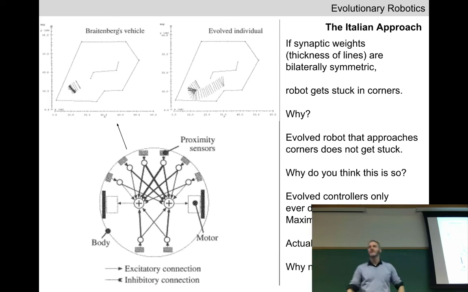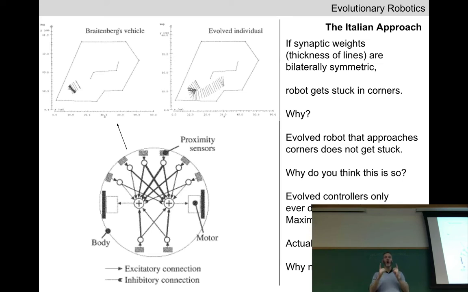Yes? Does that mean then, like, this particular evolved individual would be pretty much only good at counterclockwise tracks and not clockwise ones? Absolutely. Exactly. So it does perfectly well. It actually does better than a Braitenberg vehicle on its home track, but if we were to take it out and put it in a different track, probably not so much, right?